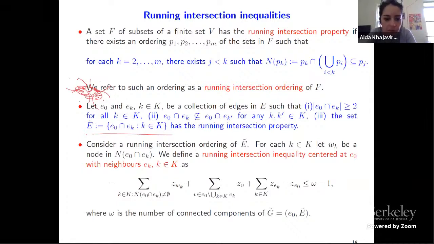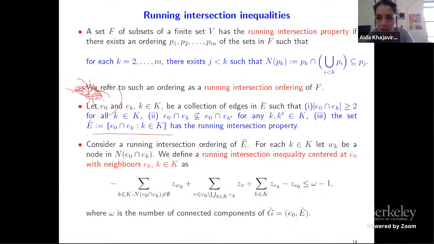If it has it, then I can write an inequality that I call the running intersection inequality centered at E0 with neighbors Ek. There's a lot of notation here, so I really don't want to go through it. I just want you to have the big picture of the property I needed. If I have this property, I can write an inequality corresponding to it.